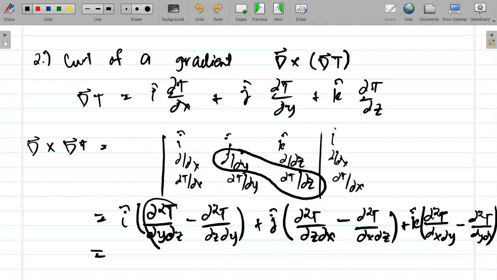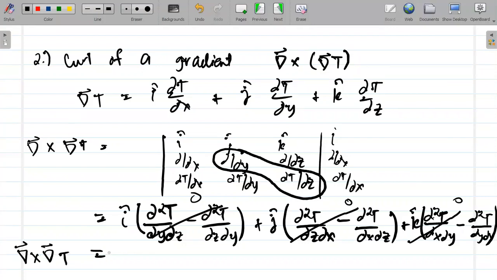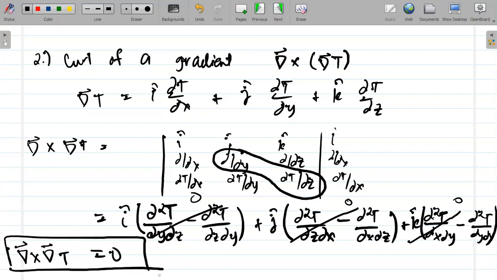So, yung partial derivative, hindi nagmamatter kung ano yung order ng differentiation. Kasi, matutunan nyo na siya sa Math 85. So, kahit anong order yan, same quantity lang yan. Magsi-zero out yan. So, bali, ang curl ng gradient ay 0. Okay? Palagi nyo tatandaan na ang curl ng isang gradient ay palaging 0.